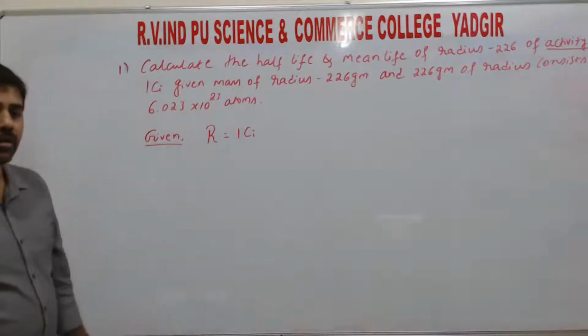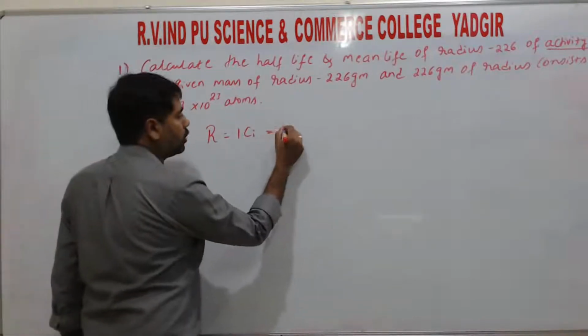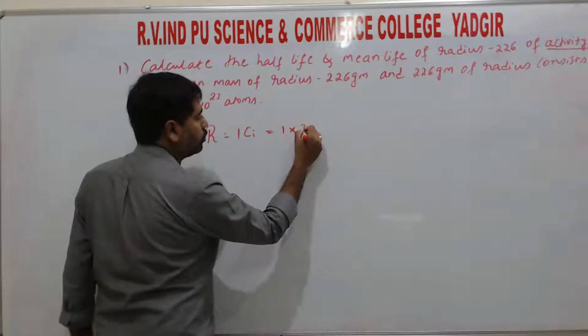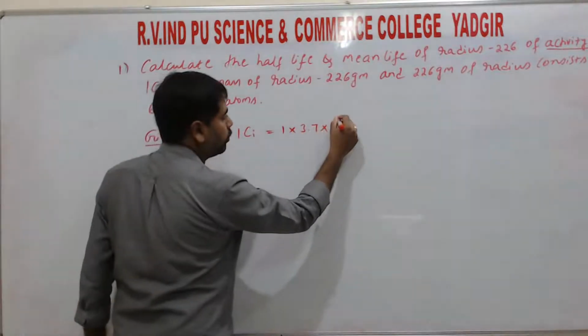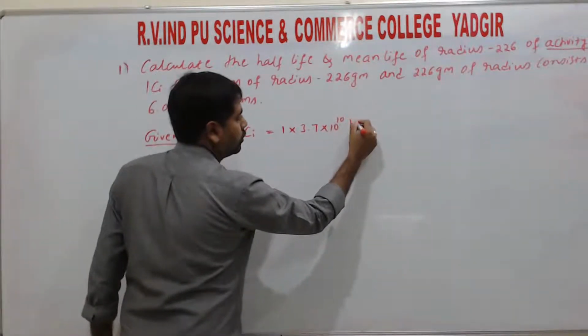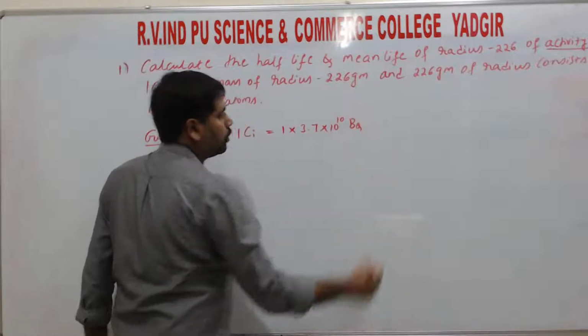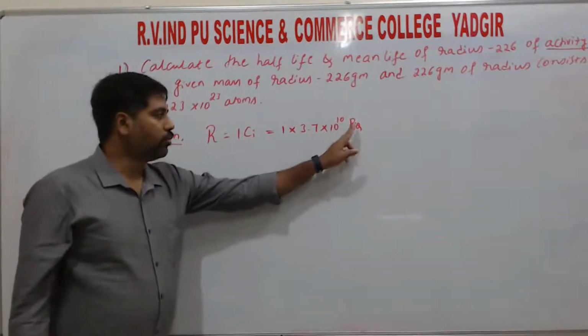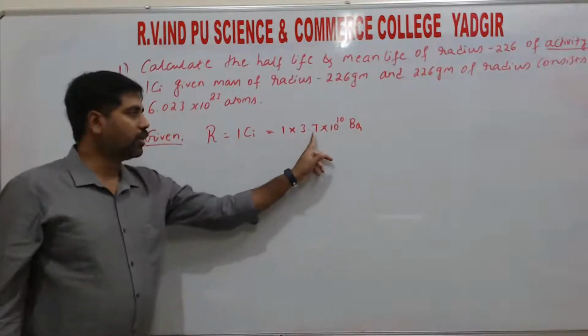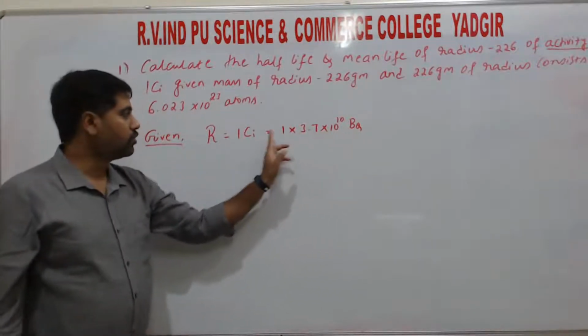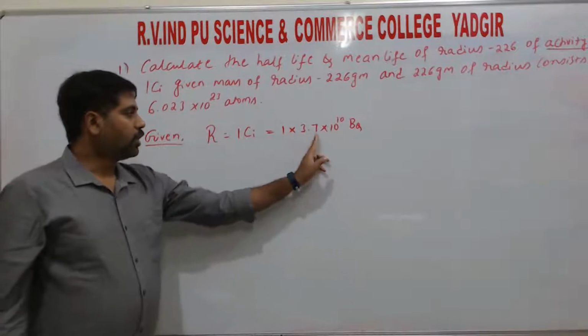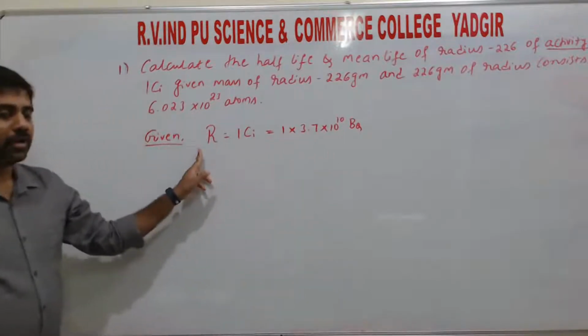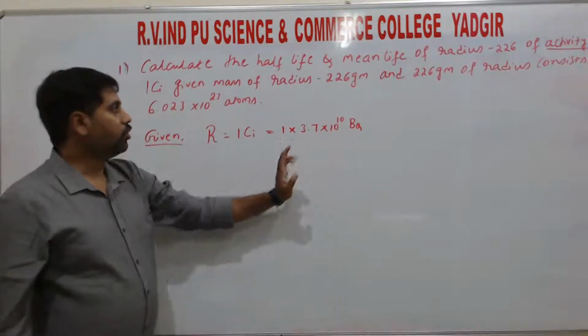The SI unit of activity is becquerel. So 1 Curie is 1 into 3.7 into 10 to the power of 10 becquerel, right? So first we need to convert Curie into becquerel. That is 1 Curie is 3.7 into 10 to the power of 10, so we get the activity in the SI unit.